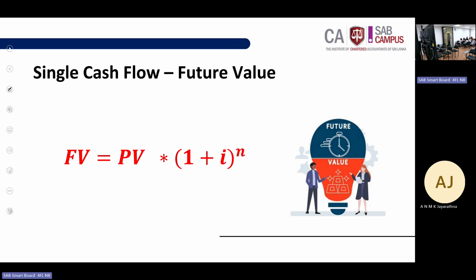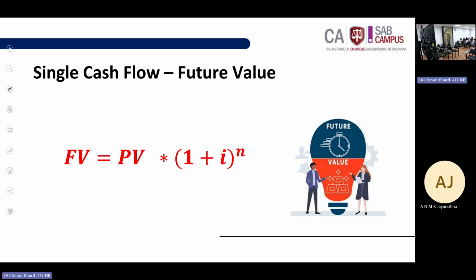The other one is multiple cash flows. The third one is annuities. Single cash flows, multiple cash flows, and annuities. What is meant by single cash flow?